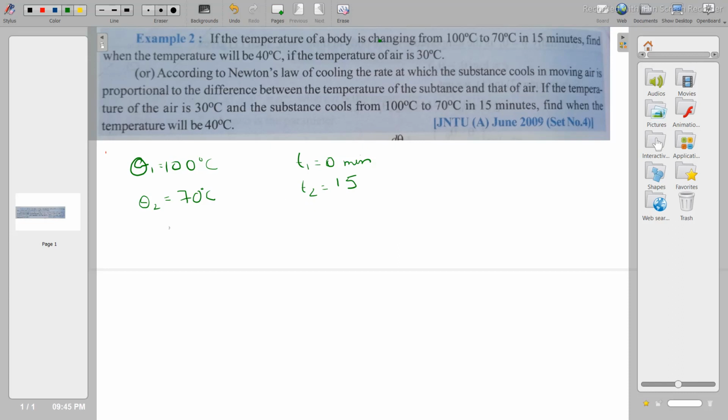Now it says find when the temperature will be 40 degrees Celsius.